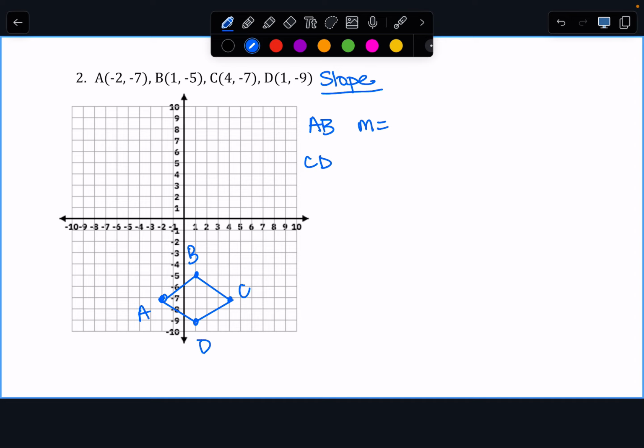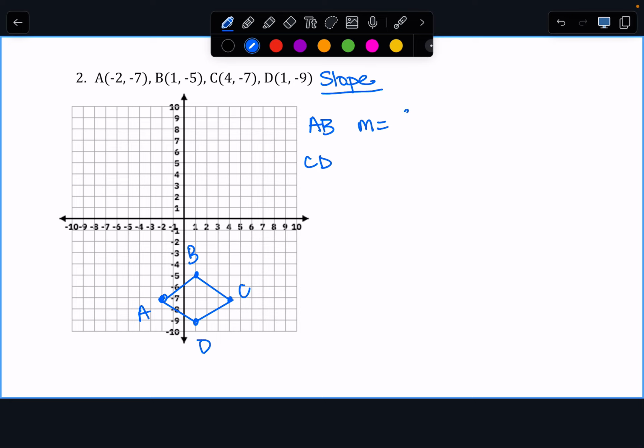Hey, if you have a graph and you want to count rise over run, that's totally cool. Okay, rise over run. What do we have for AB? 2 over 3.